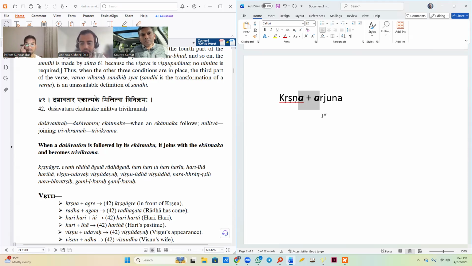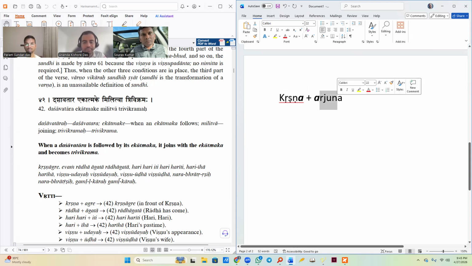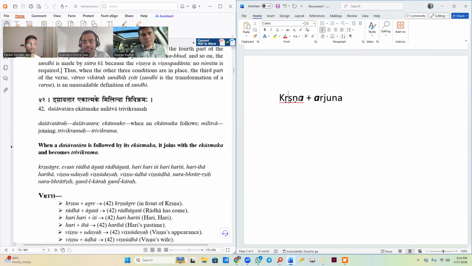Now in Sandhi, there is no necessity or requirement that the meanings of these two words will be integrated. They may link meaning-wise, or they may not. Sandhi has got nothing to do with the meanings of the two words where Sandhi is happening.